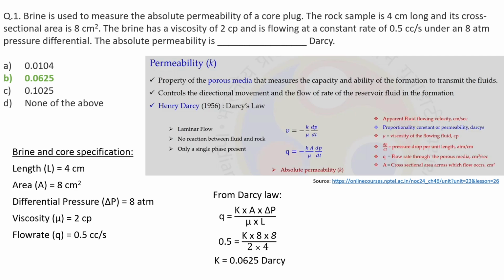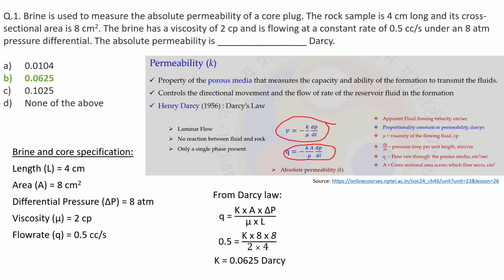So, this is the equation for Darcy law, and when we replace velocity in terms of volume flow rate, we get this equation.